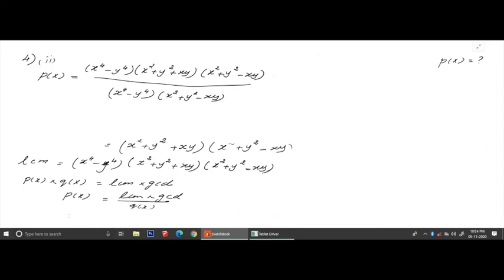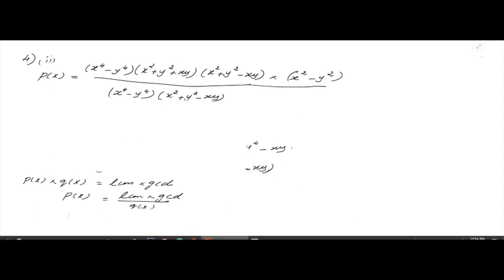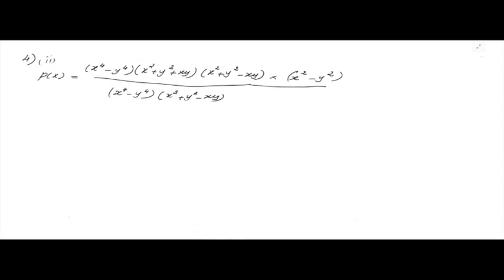It is x square minus y square, right? So here what can be simplified? This gets cancelled, minus this also gets cancelled. So what is left? X square minus y square into x square plus y square plus xy, right? This is your p of x.